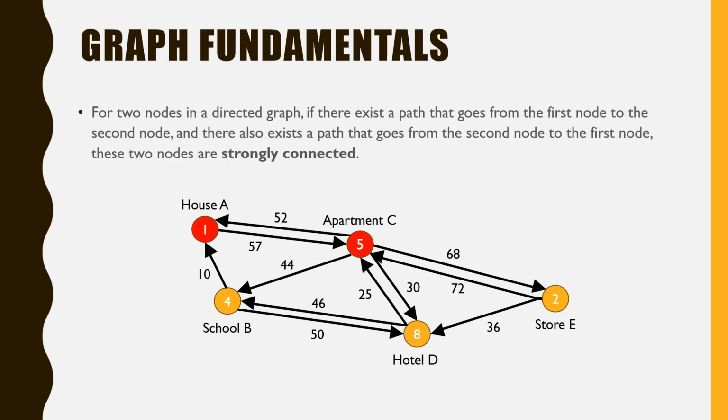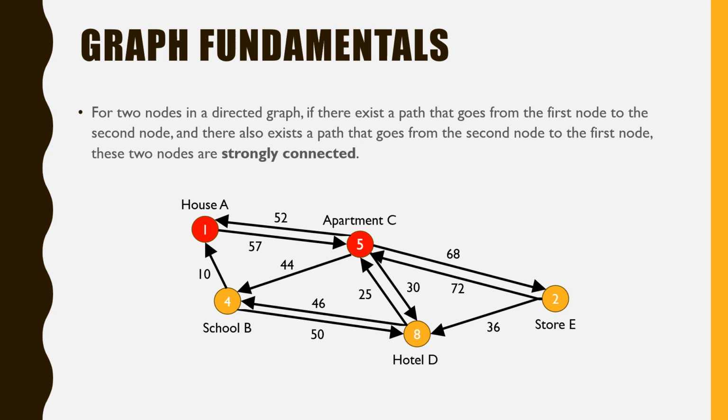In a directed graph, two nodes are considered strongly connected if each node can be reached from the other. For example, if there's a path from house A to apartment C, and another path from apartment C back to house A, then house A and apartment C are strongly connected.